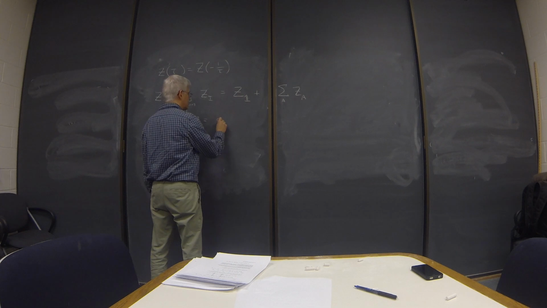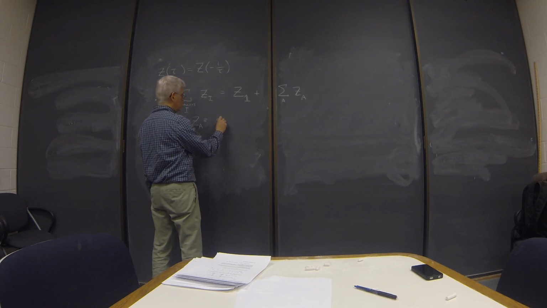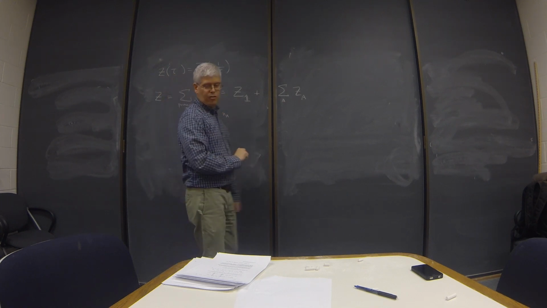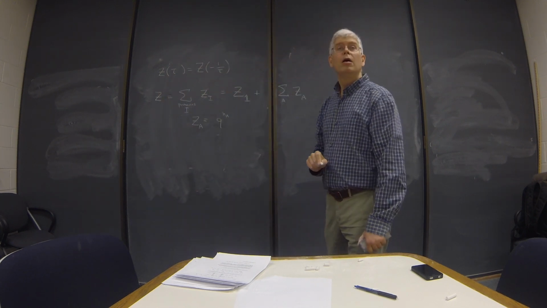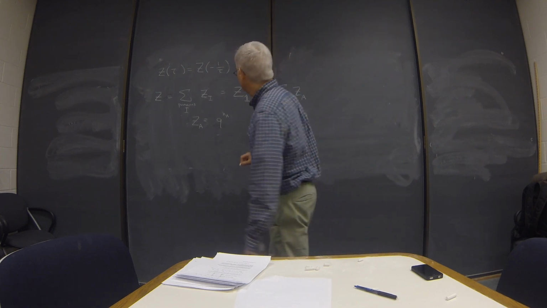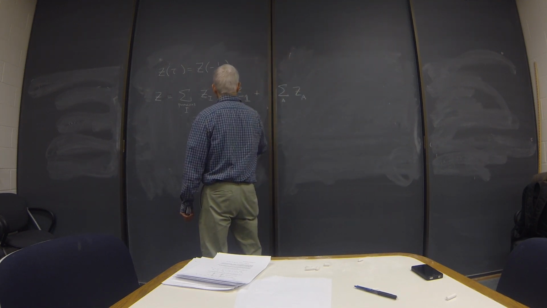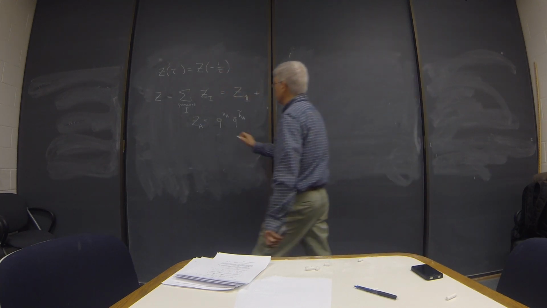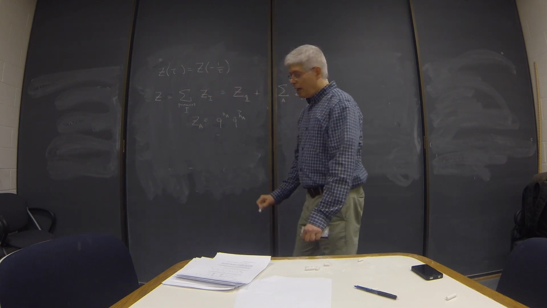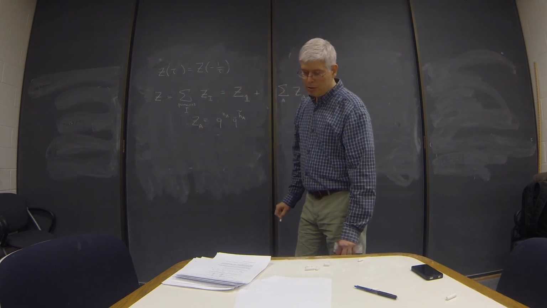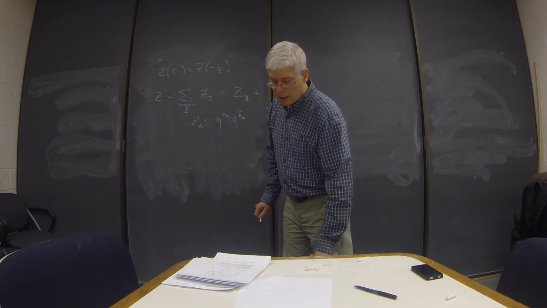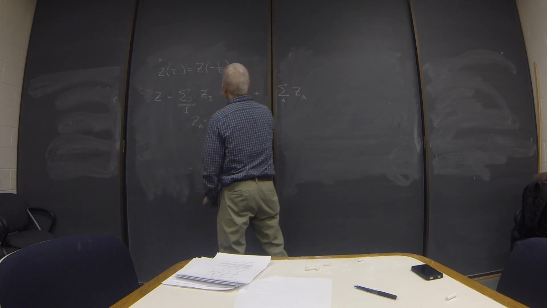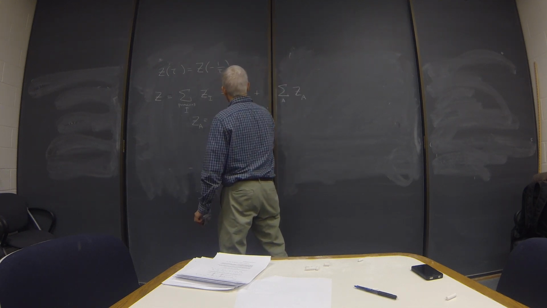So the form is q to the h_A minus c over 24, where h is the left conformal dimension of the primary operator A, and then q bar to the h tilde_A minus c over 24.